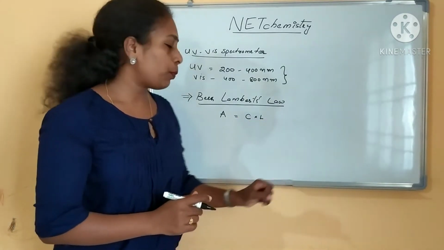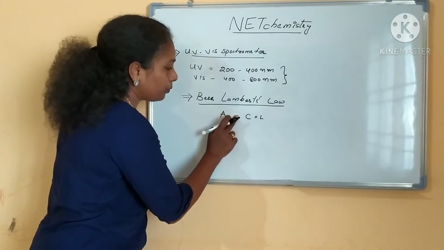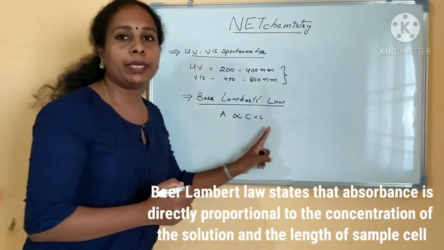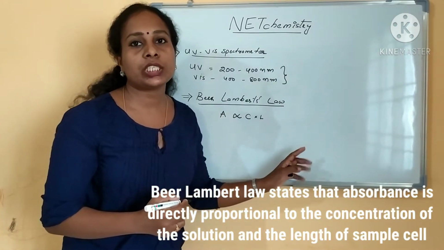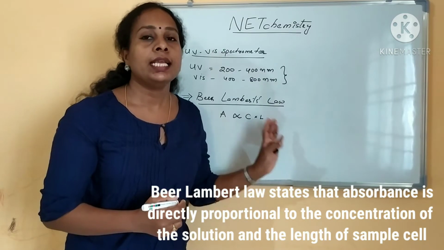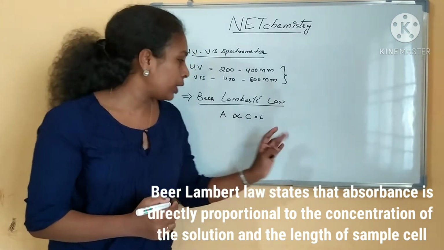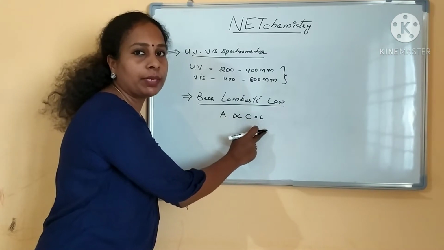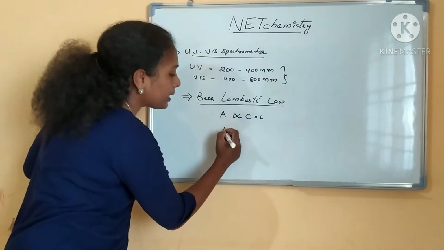Absorbance is directly proportional to, not equal to. This is Beer-Lambert's law. So, A is proportional to concentration and length of the sample cell.